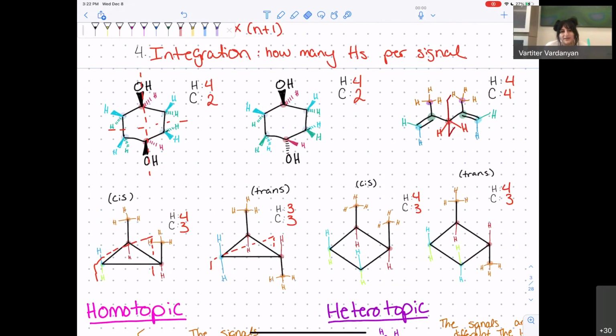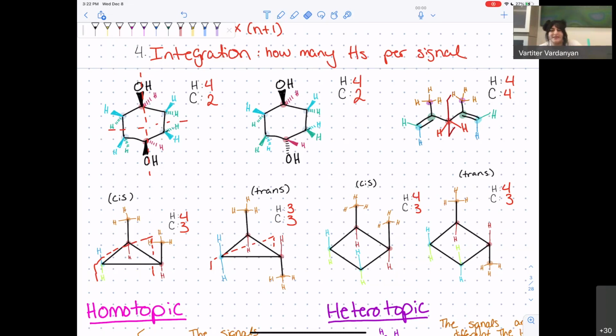Let's say we have two OHs, whether they're cis or trans, you're going to get different ways of putting your molecule together. If they are cis, let's say they're both pointing up, all of the hydrogens pointing up will be the same.